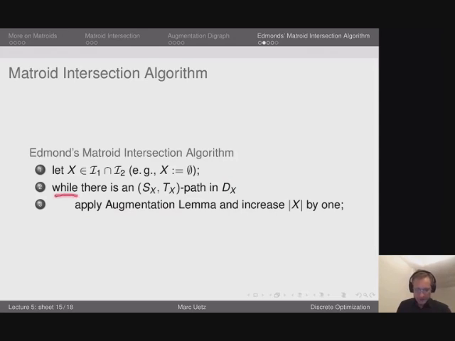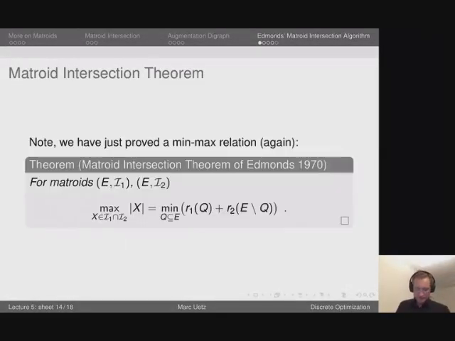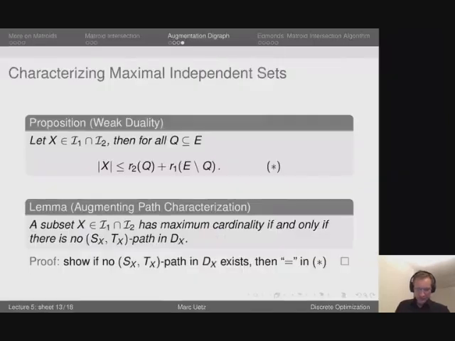And when we exit this while loop, there is no such augmenting path anymore. And by the previous theorem, we will have computed a maximum independent set in both matroids. Now the correctness of this algorithm follows directly from all our previous observations and this augmenting path characterization that we had earlier.